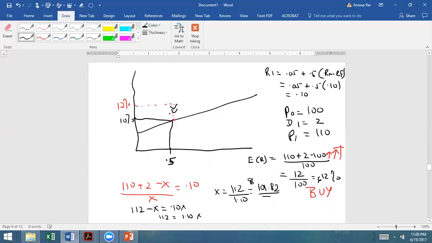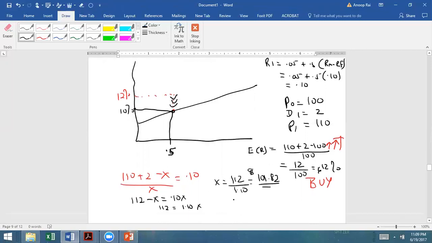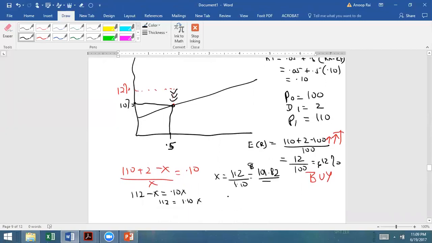So in other words, from 100, it'll keep going up until 101.82. The expected return keeps coming down so that at 101.82, the expected return is 10%, which is equal to your required return. Let's check if that number is right. I'll get 110 plus 2, and I'll pay 101.82, over 101.82.